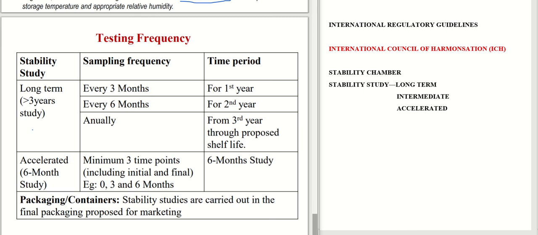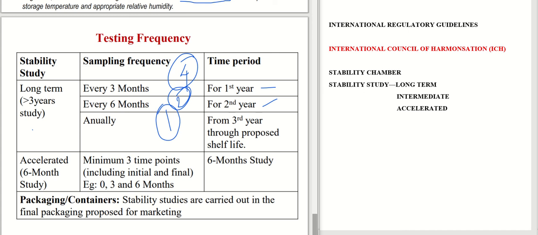And for the very first year we'll have 4 results, one every 3 months, and from the second year, every 6 months, so we'll have 2 results. From the third year we'll have 1 result.